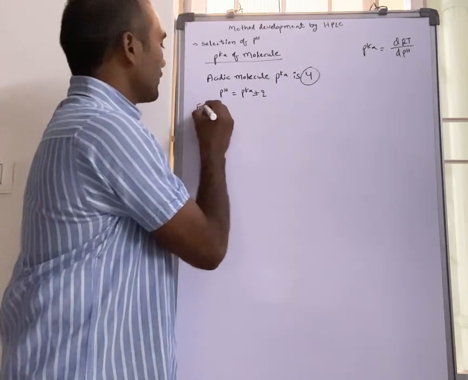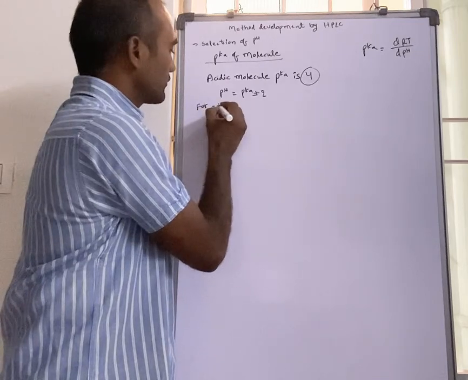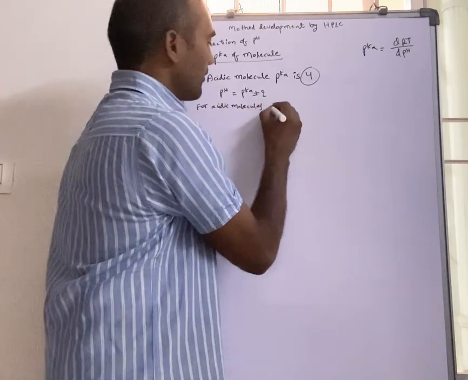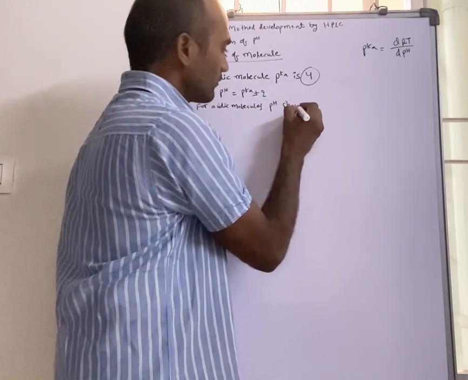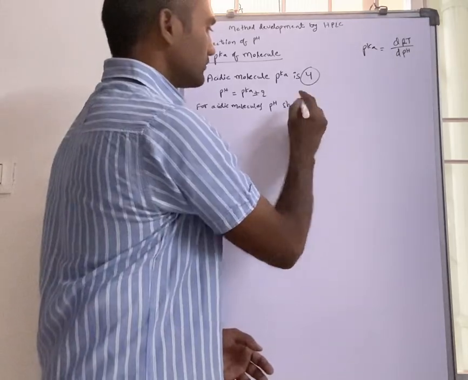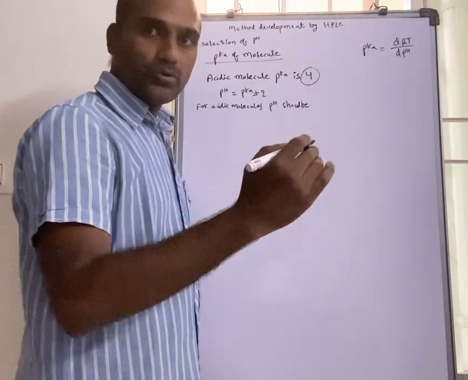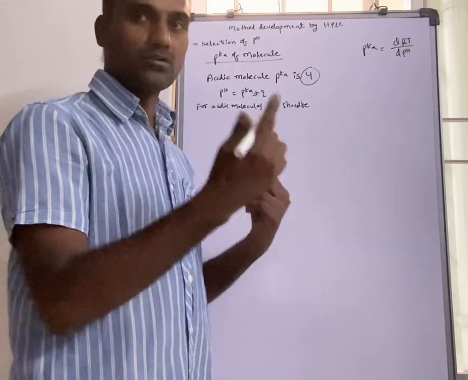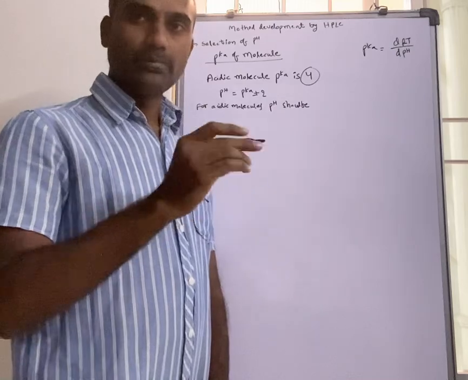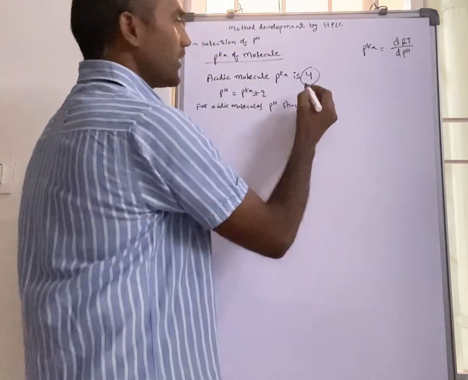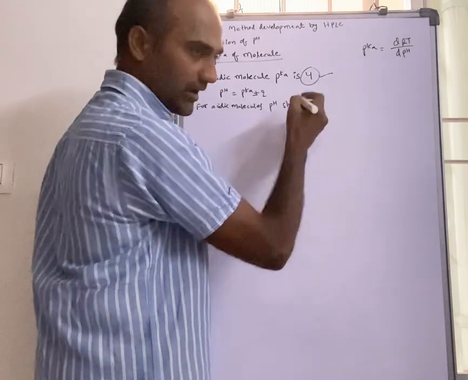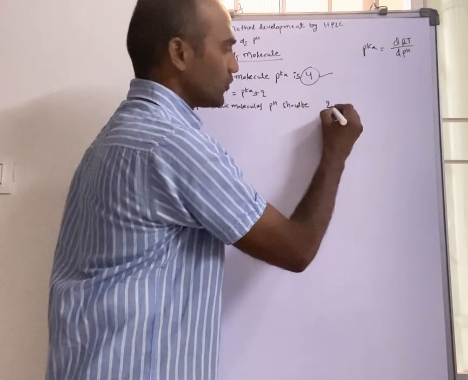For acidic molecules, the pH should be 2 units below the pKa of the molecule. If the pKa is 4, then according to this the pH should be 2.